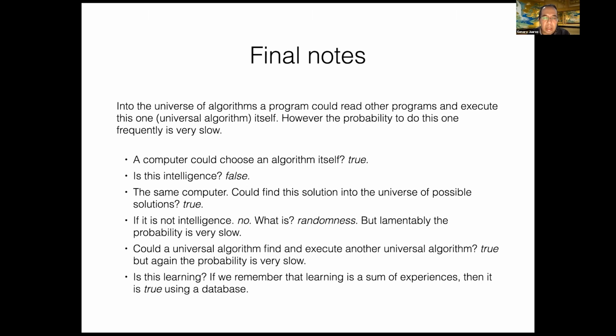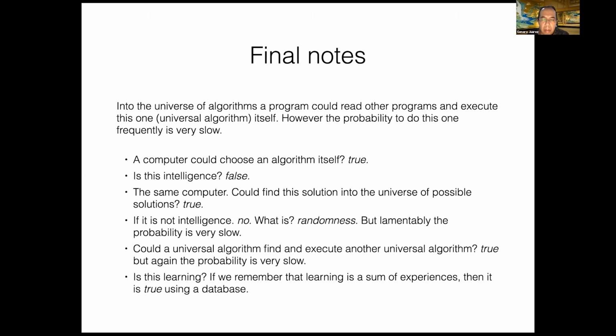Okay, could a universal algorithm find and execute another universal algorithm? Yes, but the problem again is that the probability is very slow. Well, what happened with robots? Is this learning?